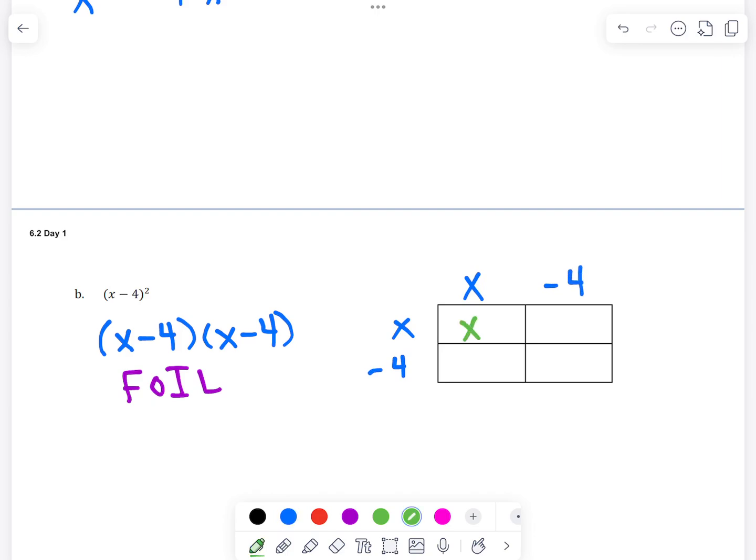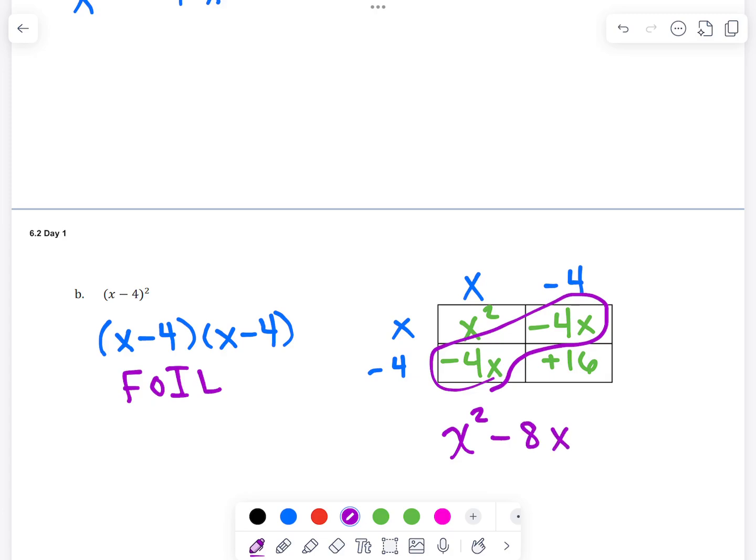X times x, x squared. X times negative 4, negative 4x. Negative 4 times x, negative 4x. Negative 4 times negative 4, positive 16. And now we simplify. X squared, and these are alike. They become negative 8x, and then 16.